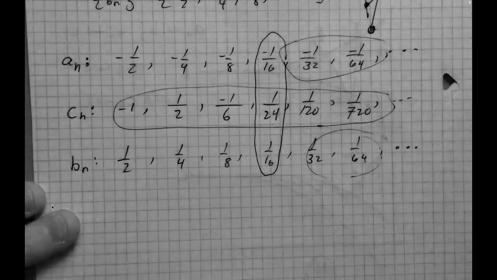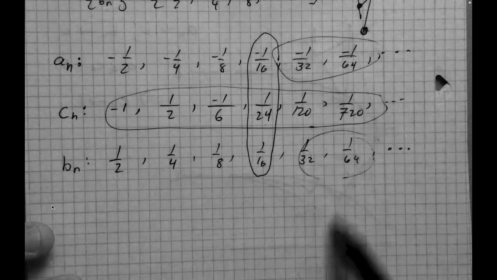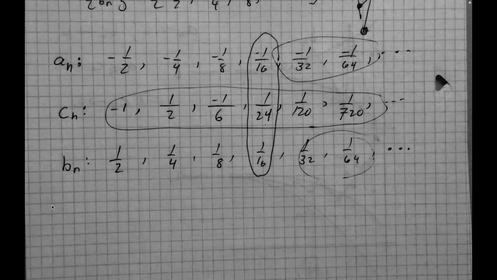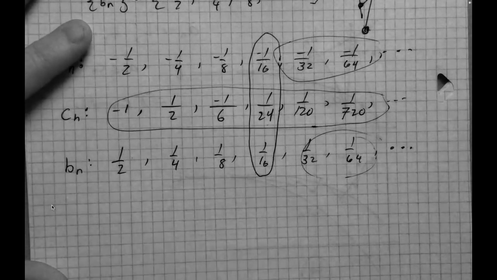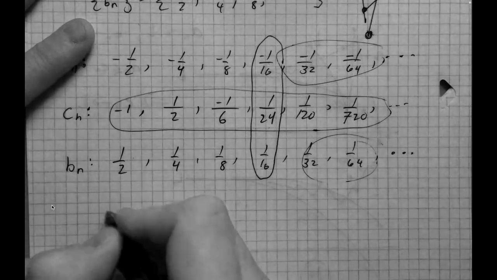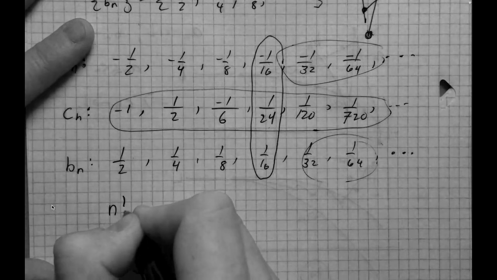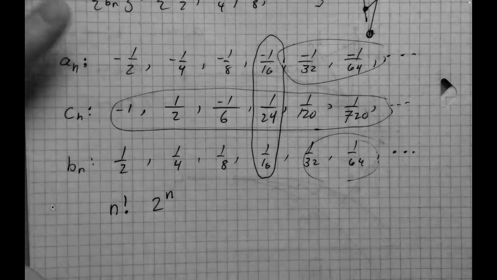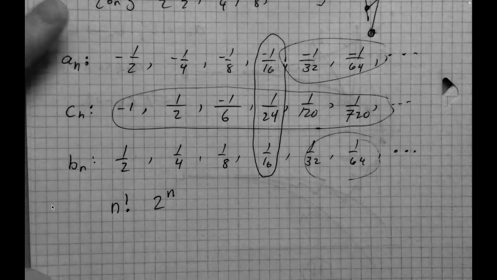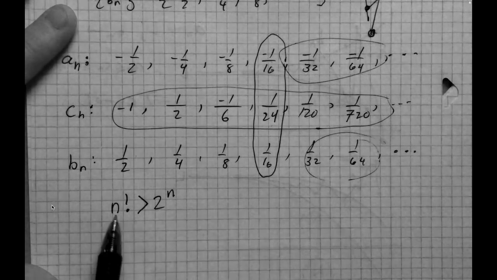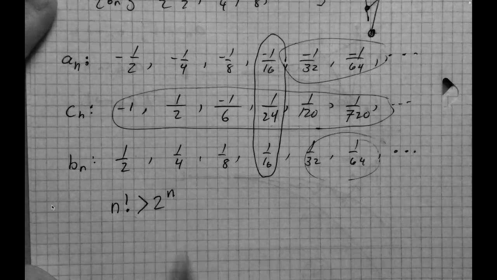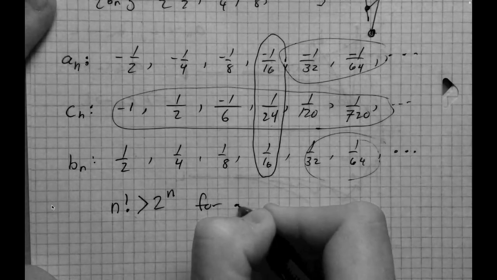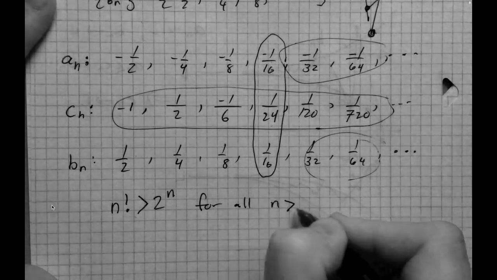Now to really see that it stays between these two forever is a little bit more involved. It's a little bit trickier. What we would have to do is look closely at n factorial versus 2 to the n. But what you'll find, if you do that exercise, is that n factorial is greater than 2 to the n for all n greater than 4, right?